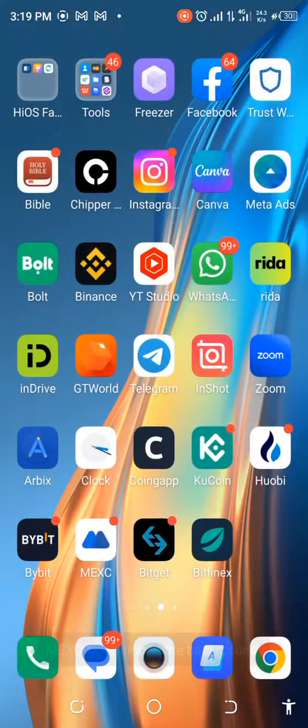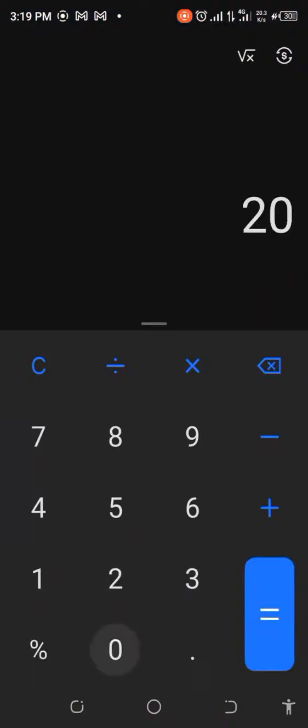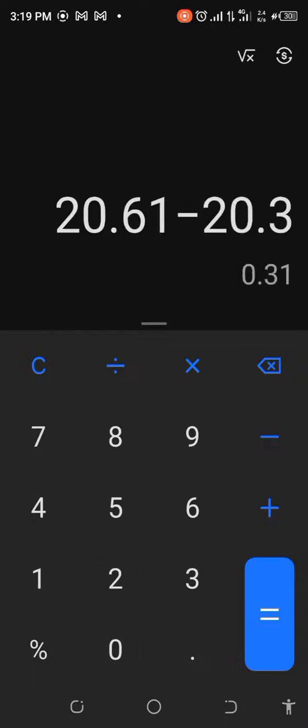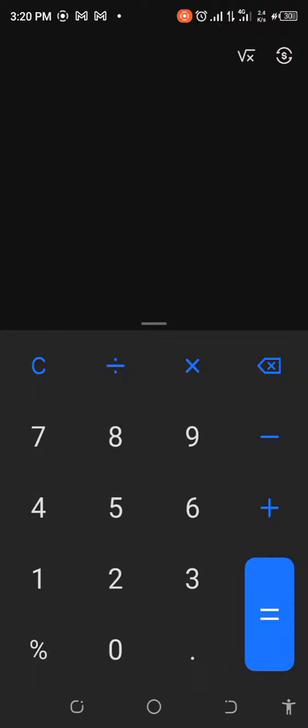So let's go check what our profit margin is. It is 20.61 minus 20.34. That's what, 27 cents. So what would we call this particular percentage? Let's look at this. Let's go back to what we actually did, let's just use the same 3-4, even though you didn't pick up the whole entire 3-4.